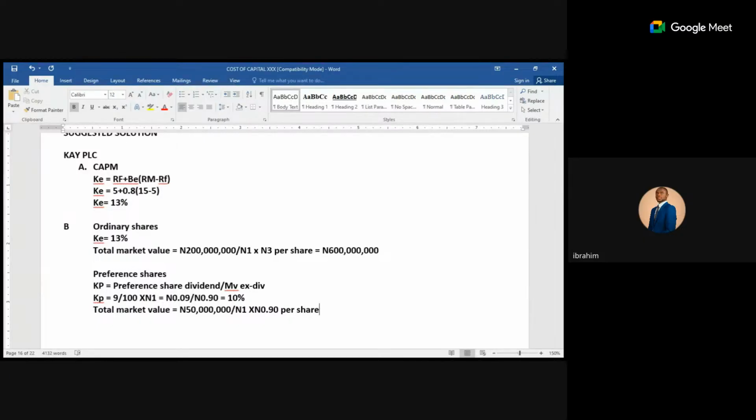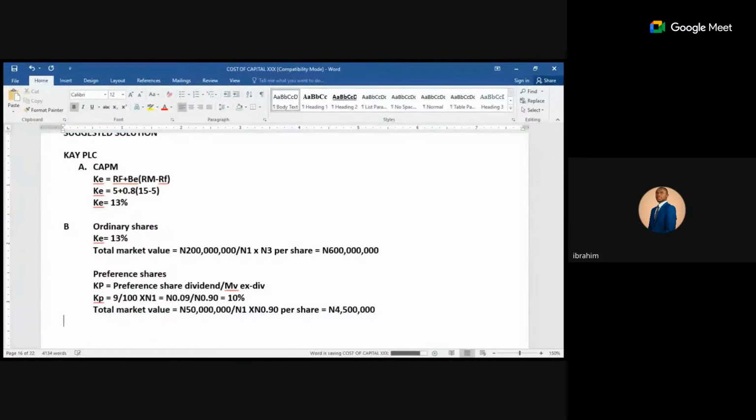What is the total market value? Of 4.5 million. 4.5.